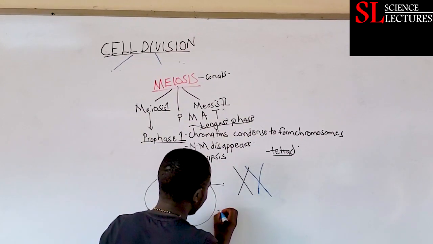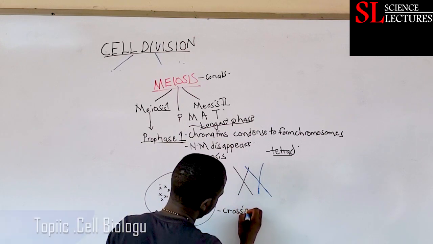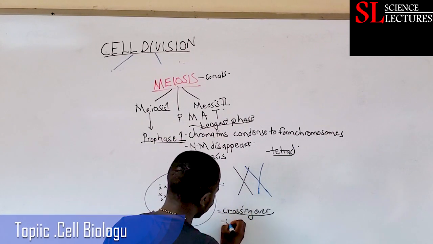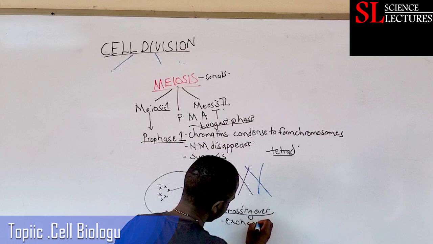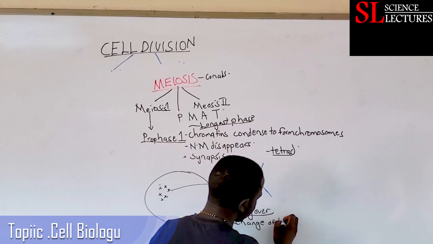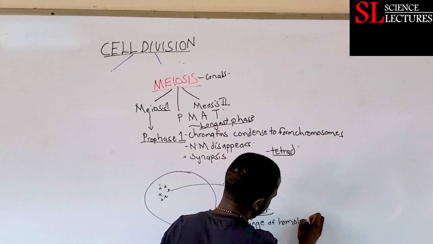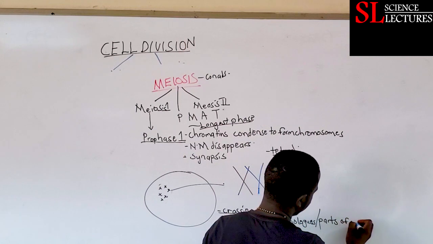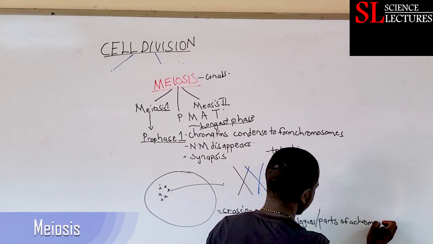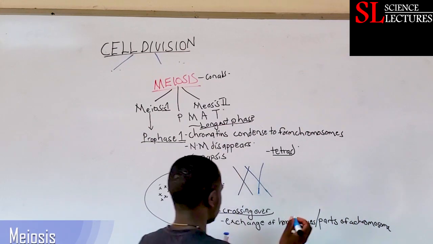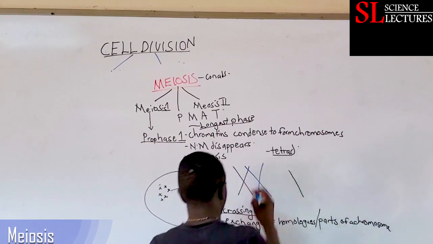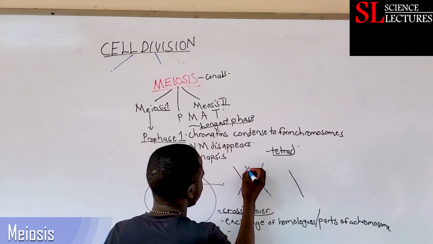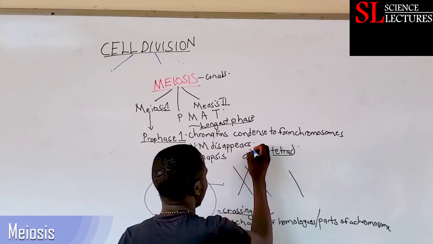Still, prophase 1 has another event called crossing over. During crossing over, we have an exchange of homologous, or different, parts of a chromosome. What do I mean? Assuming this is my one chromosome, these two chromosomes are joined at the point we call the chiasmata.